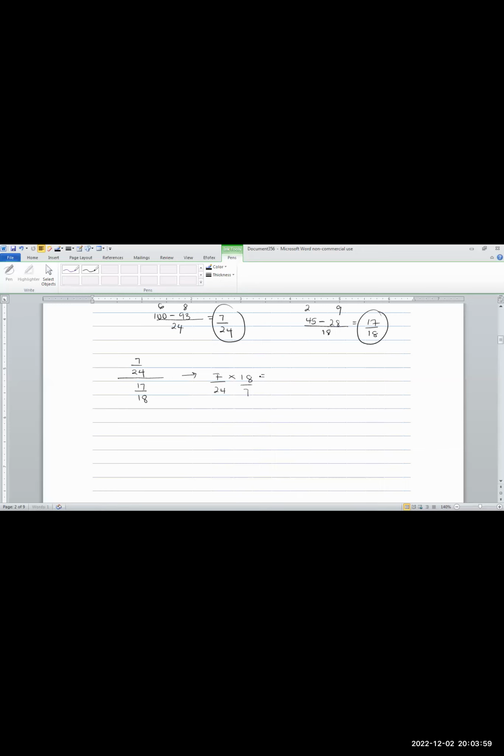Agree? 2 into 18 goes 9 times. 2 into 24 goes 12 times. So it's 7 times 9 over 12 times 17. 12 times 17 is 204. And that's the answer.